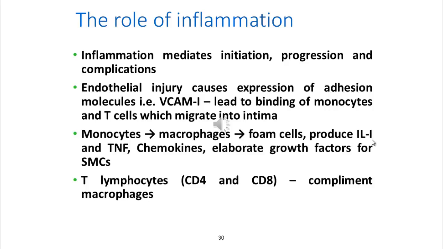The monocytes, once they have migrated inside the intima, are going to modify to form macrophages, then foam cells, and they are going to secrete interleukin-1 and tumor necrosis factors along with the chemokines, and they are going to elaborate the growth factor for the smooth muscles. The T lymphocytes, including the CD4 and CD8, are going to complement the action of the macrophages for the release of interleukin-1 and tumor necrosis factor.